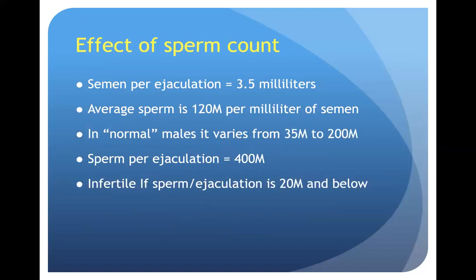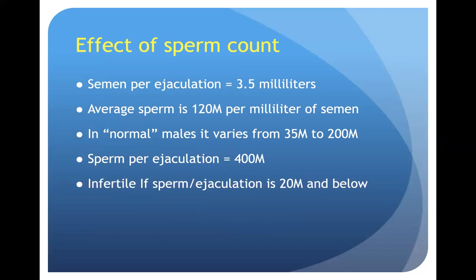And then, another cause of infertility is actually the sperm count itself. Let us remember that per ejaculation, you will secrete around 3.5 mils of semen. And per milliliter of semen will contain around 120 million sperm cells on the average.